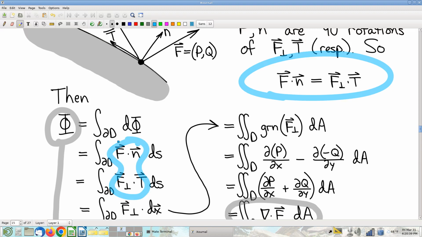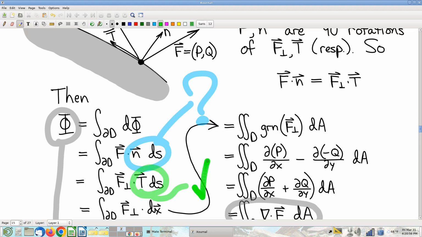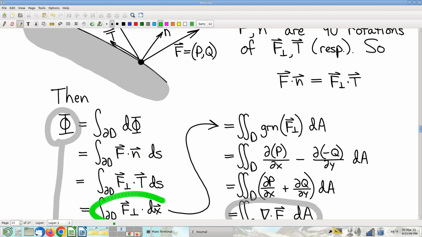And what's awesome about this, we'll finish this next time, is that this integral that I don't know how to compute, namely an integral blah blah blah in ds, we've never seen that before, we don't know what to do with that, turns into blah blah blah T ds, which is dx, which I do know how to deal with. And so computing this boundary flux effectively turns into this vector line integral.